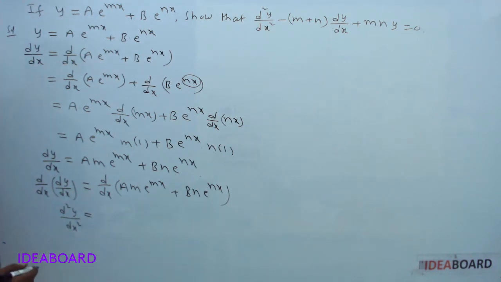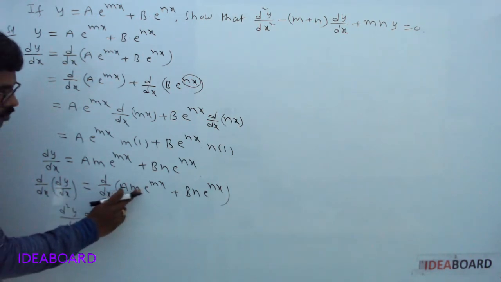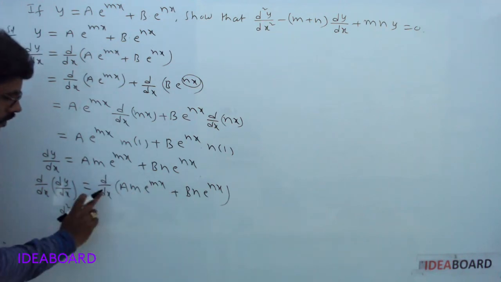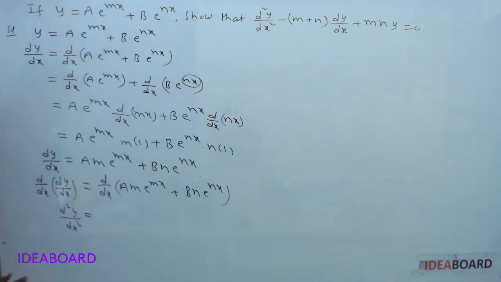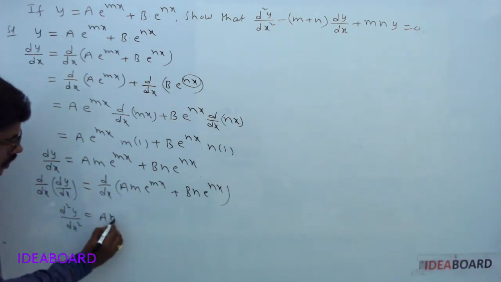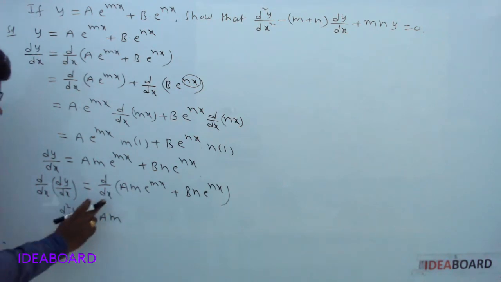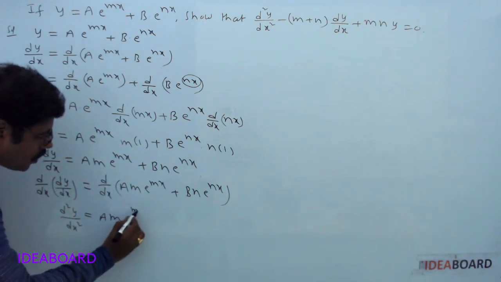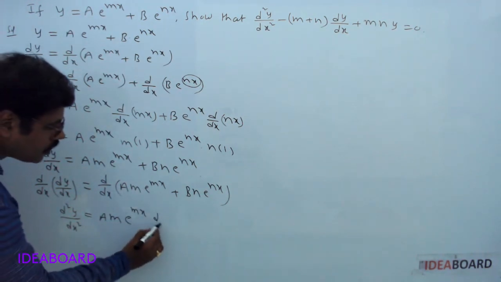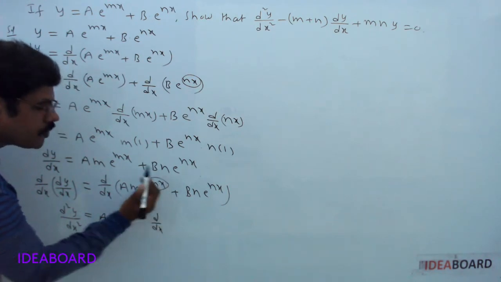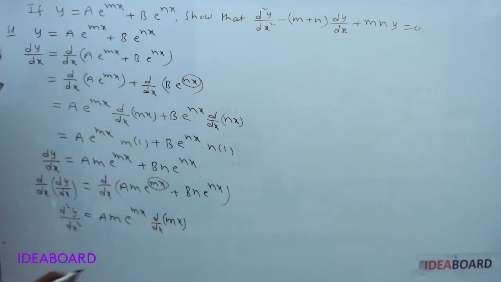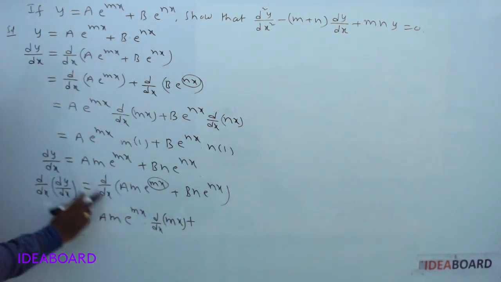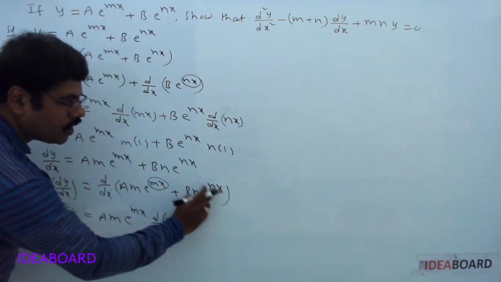This equals to derivative of am into e power mx plus derivative of bn into e power nx. Now come to the first term. Here am is the constant term, am into derivative of e power mx. Derivative of e power mx is e power mx into derivative of the function in the power of e, that is d by dx of mx.